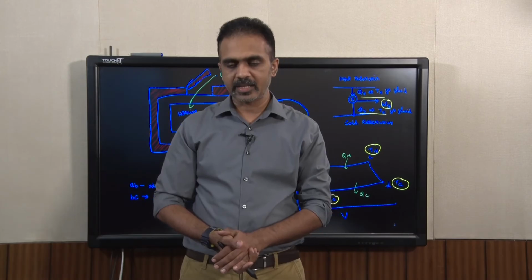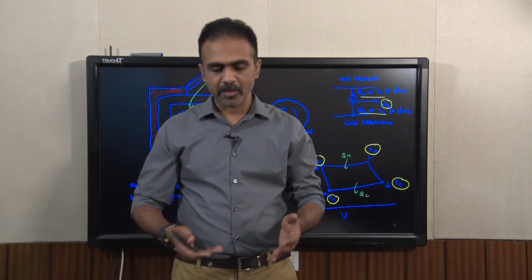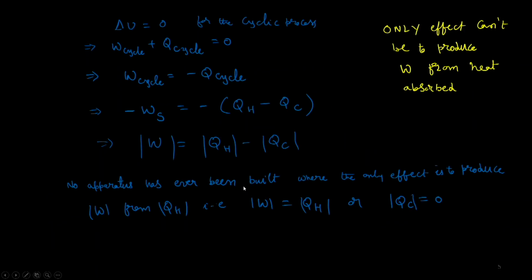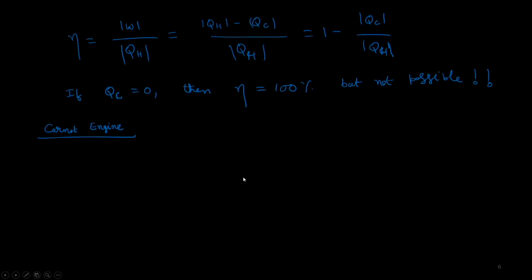The idea is that the Carnot engine will have the maximum possible thermal efficiency. That can be proved by taking a Carnot engine and a Carnot refrigerator together. So let's look at how we prove that a Carnot engine is the engine that will have the maximum efficiency.